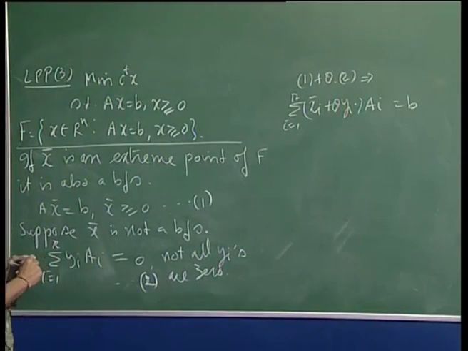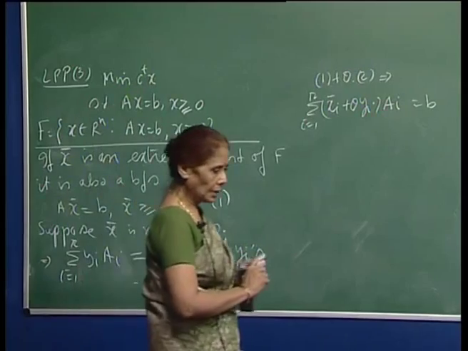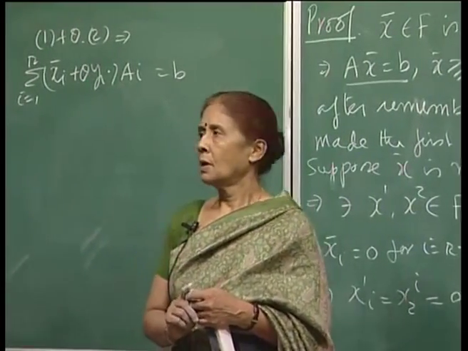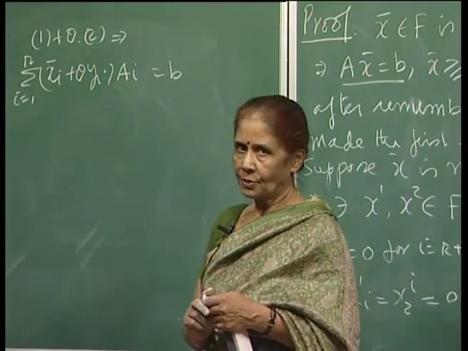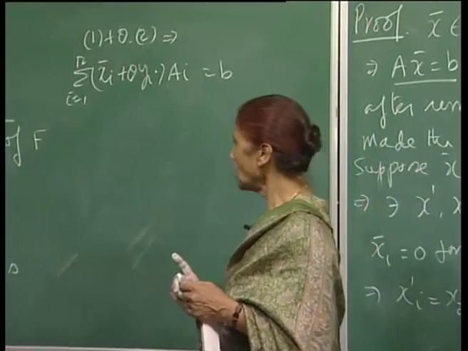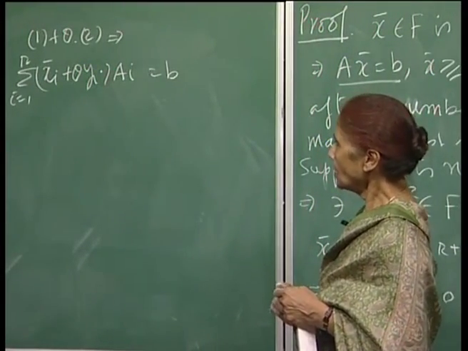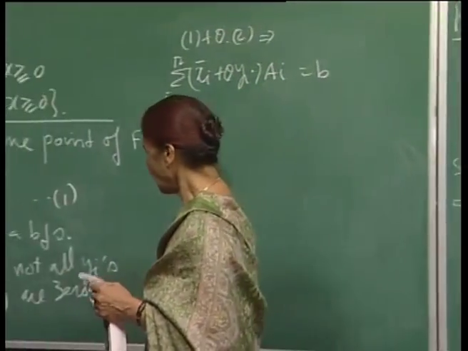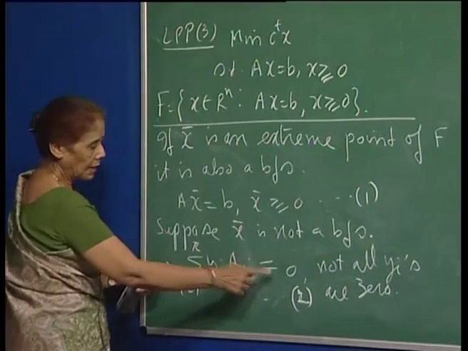See, I am trying to show you the idea here. I have started with the assumption that x bar is an extreme point, and now I want to show that it is a basic feasible solution. So, I will try to show you that if x bar is an extreme point, then x bar has to be a basic feasible solution, and since I am starting with the assumption that x bar is not a basic feasible solution, therefore, I will have this.